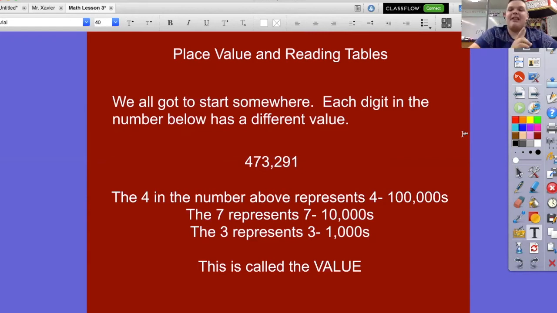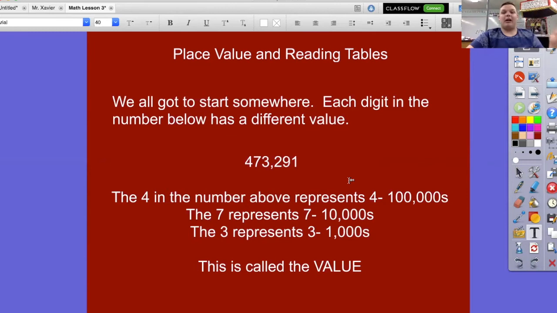It represents 7 of having 10,000s because it's in the 10,000s place. The 3 represents 3 1,000s. It's like if I had a $1,000 stack of bills, I have 3 of them. That does not represent 3 things. It represents 3,000, or 3 1,000s. That is called the value.